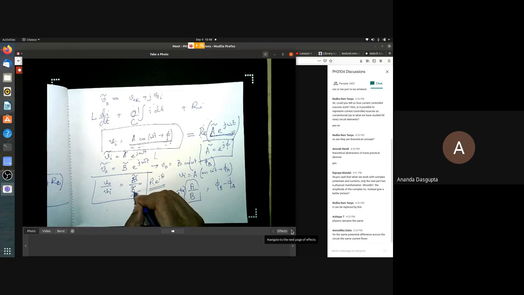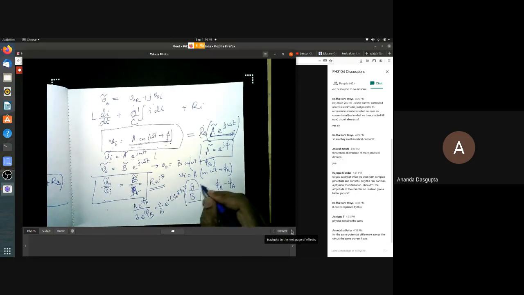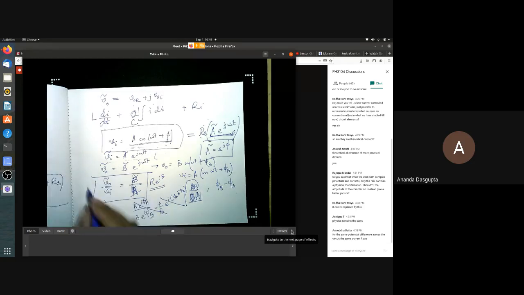This should be B tilde by A tilde, of course, because I wrote VO by VI, VO tilde by VI tilde. And then what I want really is B by A, e to the i (phi B minus phi A). So, B tilde by A tilde is B e to the i phi B by A e to the i phi A. It's a simple matter of algebra to show that this is what comes out.